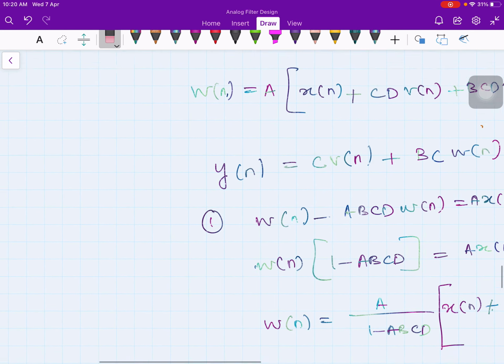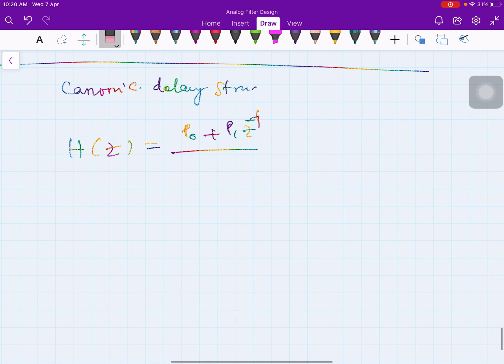Let me write down here. Z inverse divided by 1 plus D1 z inverse. And this is delay non-canonic, but canonic in multipliers.